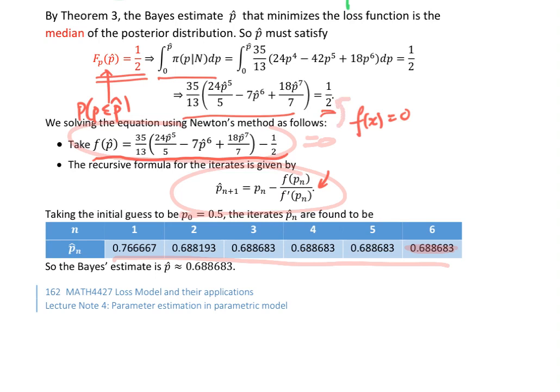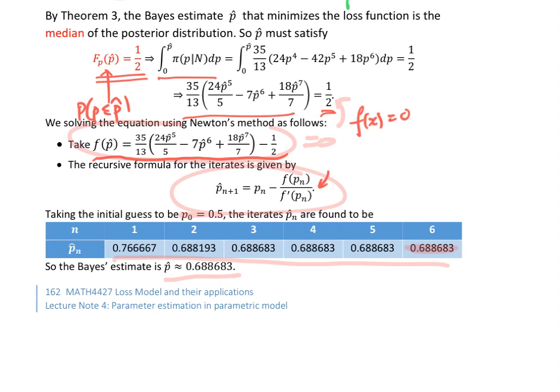So your p hat will be equal to 0.68863, which is our estimate of this p. This is one example of finding the point estimator of the parameter from your posterior distribution.